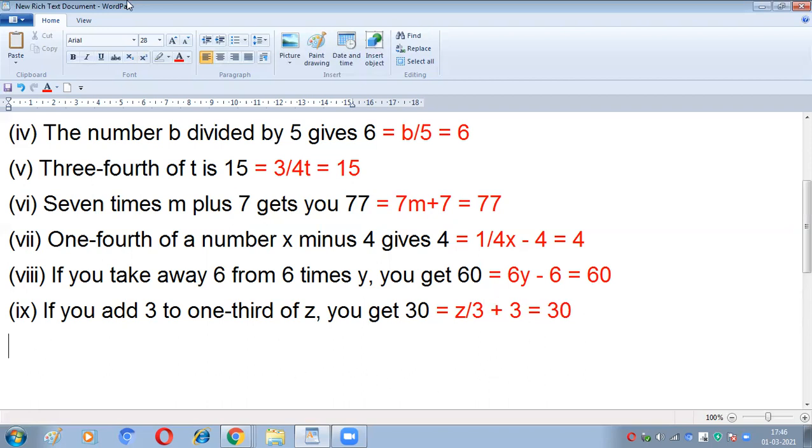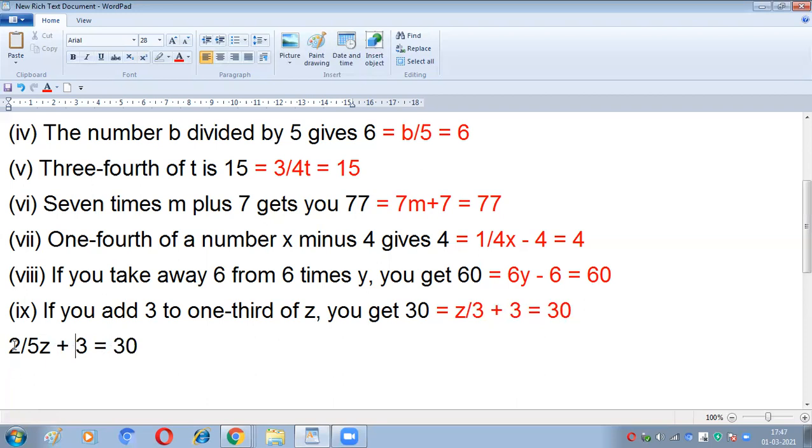If here would be written 2 upon 5 of z, we can write it as 2 upon 5 z plus 3 is equal to 30 or 40 or 50, doesn't matter.